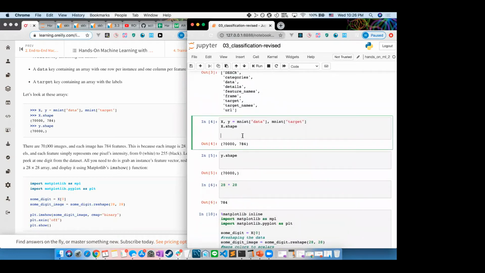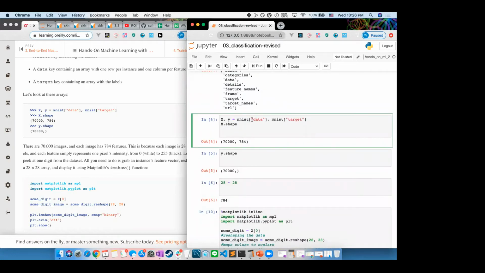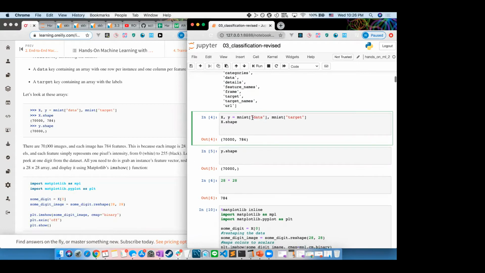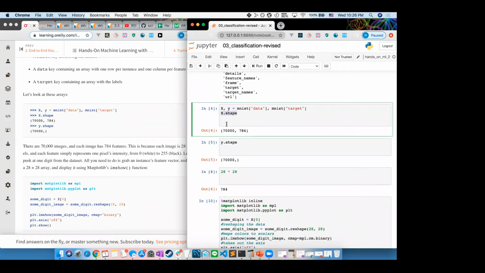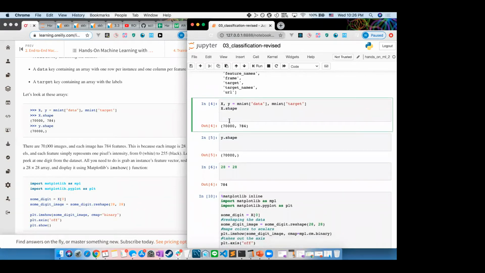Cool. So again, when we have a dictionary, we can just call the value by its key, right? So if we call data and the target, it would just give us that, and we name it X for the data and y as the target variable, and we check the shape by just typing dot shape, and that's 70,000 images.